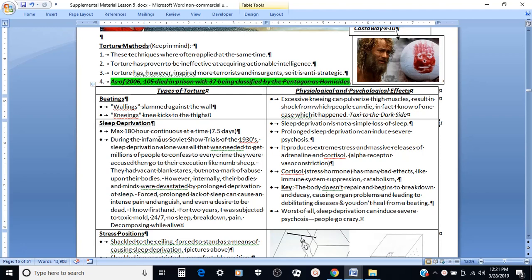Now, this shows the power of sleep deprivation. During the 1930s, famous or infamous Soviet show trials, sleep deprivation alone was all that was needed to get millions of people to confess to everything they're accused of, right? And then be led to the gallows like numb sheep.